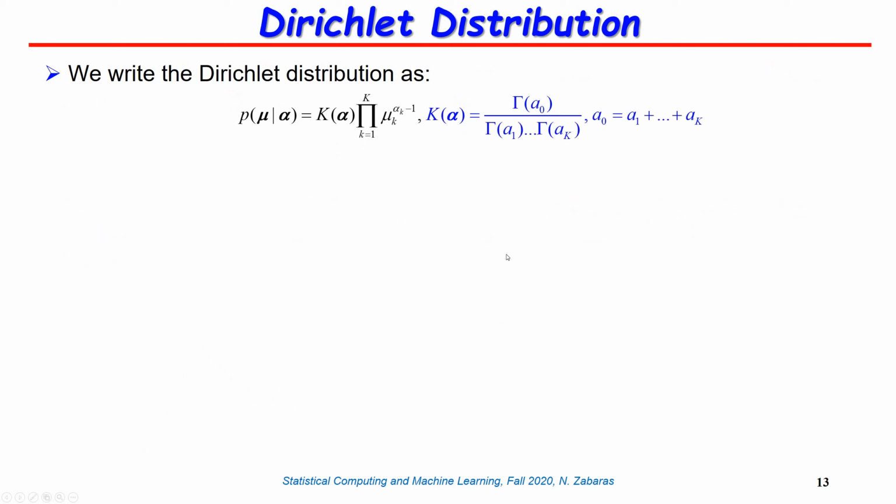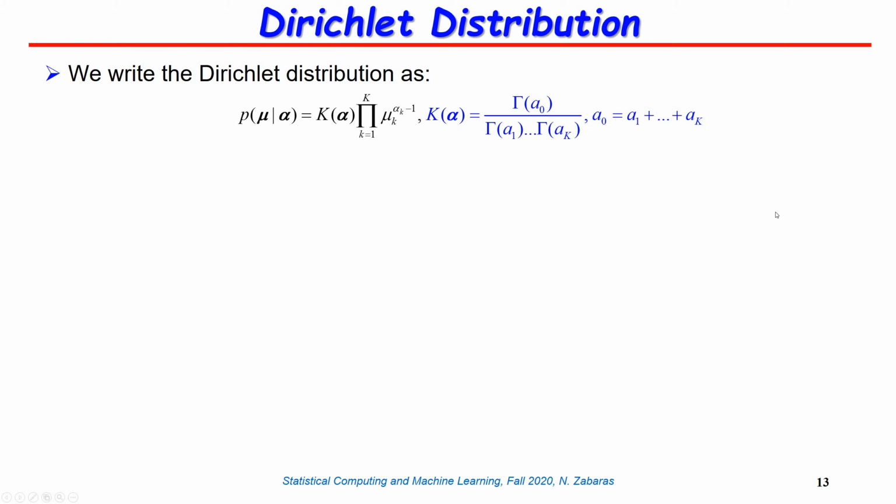All right, so let me rewrite the Dirichlet distribution the way that you see here. You remember we had 1 over the beta function, and I wrote it explicitly now in terms of this coefficient. This is 1 over the beta function, and this is the definition that I had before. Remember, alpha 0 is the sum of all the coefficients, and alpha 1 to alpha K are the coefficients that define the Dirichlet distribution.